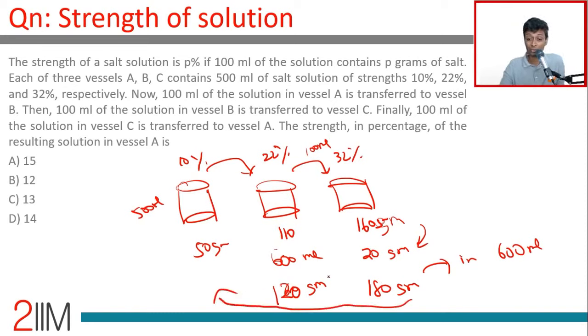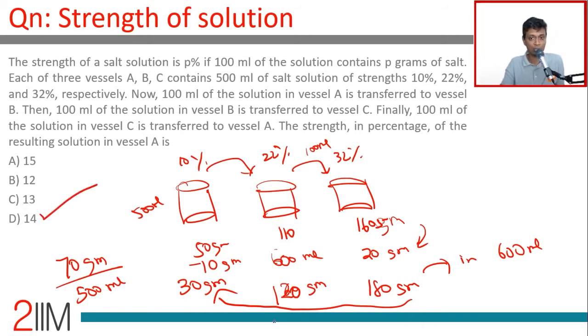That will be 1/6 of this, or 30 grams get added back. So in solution A, 50 grams, we lost 10 grams because that's what we transferred here, and gained 30 grams because that's what we got back from there. 50 minus 10 is 40, 40 plus 30 is 70. So 70 grams in 500 ml, or in our definition, this is a 14% solution.